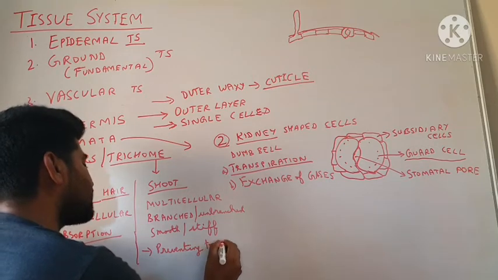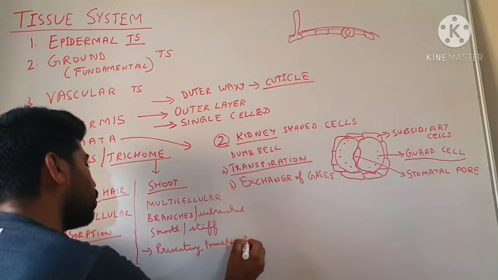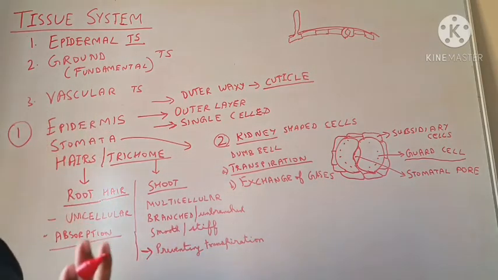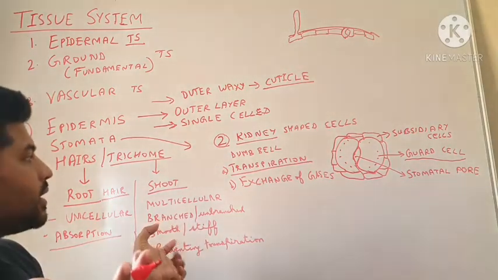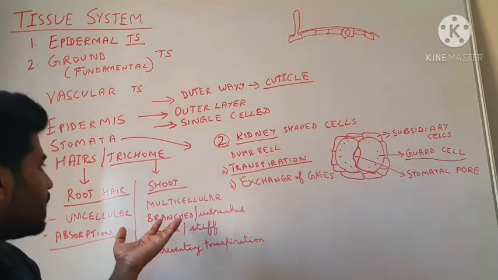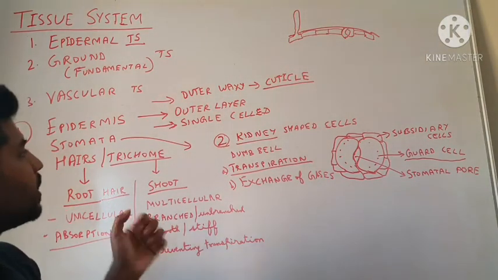So it will control the excessive loss of water. The presence of trichomes will discourage the animals from eating these plants. So they once again form a protective barrier.